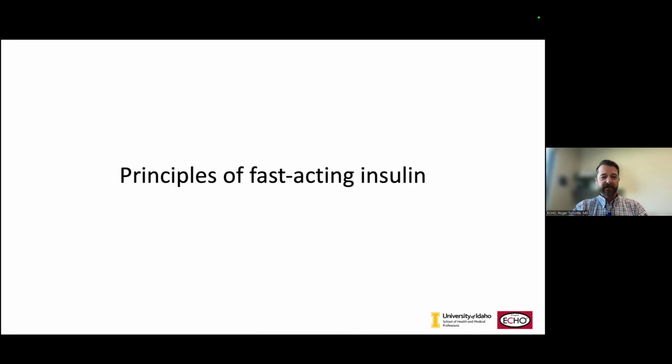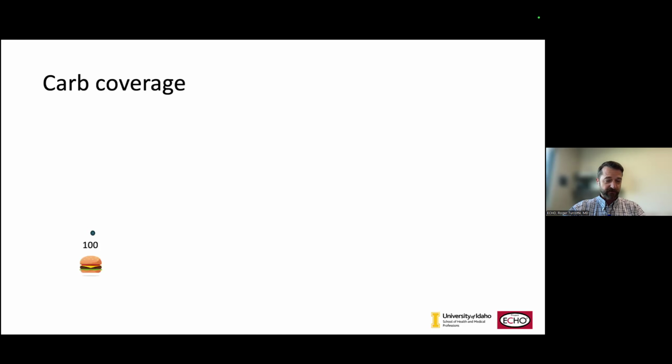But speaking from my own personal experience, I did not ever have instruction in this way when I was a medical student or even as a resident, and I basically just learned it on the fly when I came into practice. So some of you might find this so easy, and some of you hopefully will find that it informs the way you think about insulin, because you have to understand fast-acting insulin to understand insulin pumps.